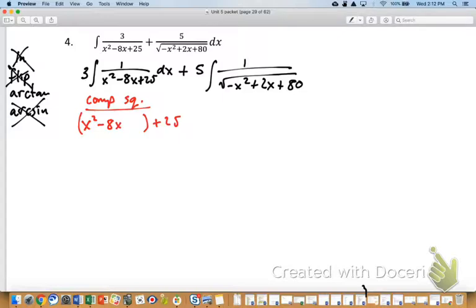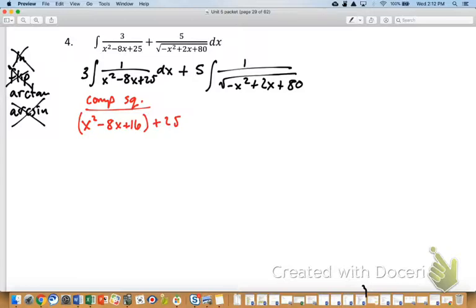And then if you remember to complete the square, don't you find the b, cut it in half, and then square the result? So what is the b? The b is -8, cut it in half, and then square the result. So what you do then is you add 16 to the inside, but you can't just add 16 and call it good.